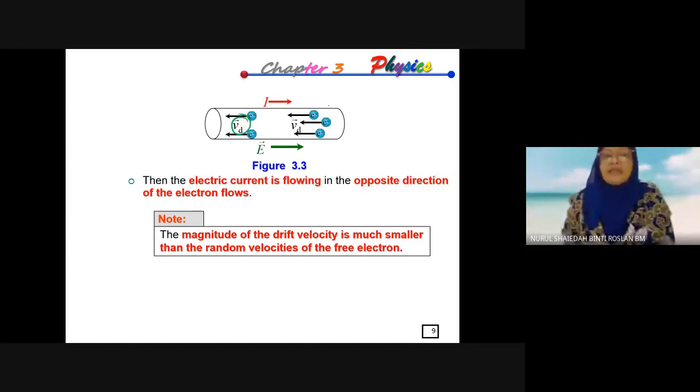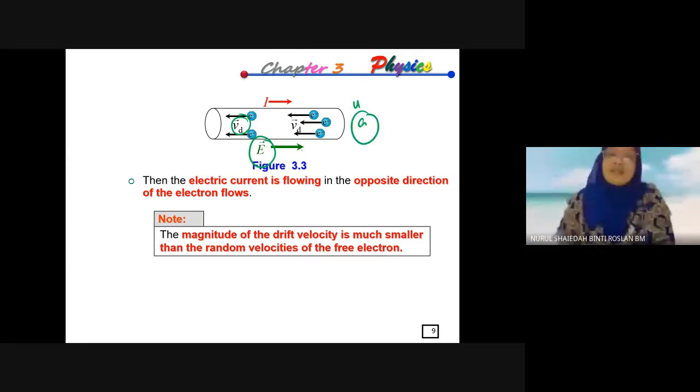Why drift? Because initially it moves with an initial velocity, u0. So when you put an electric field, it will speed up. So it will have acceleration.